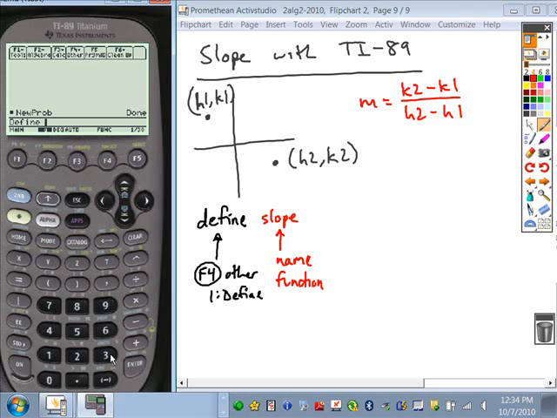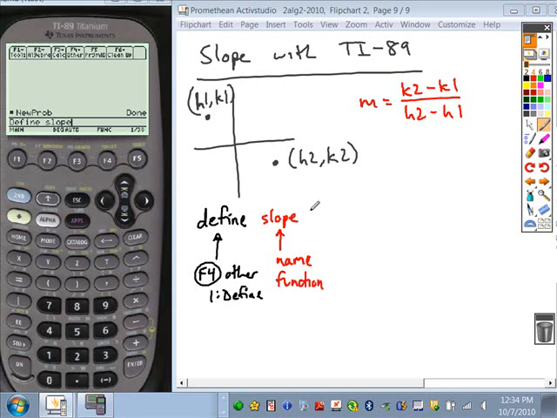So slope, the S is above the 3, the L is above the 4, O above the subtraction key, the P is under this store key, and then the E is next to the division. So just alpha lock that, you can close it off. You just give your function a name.